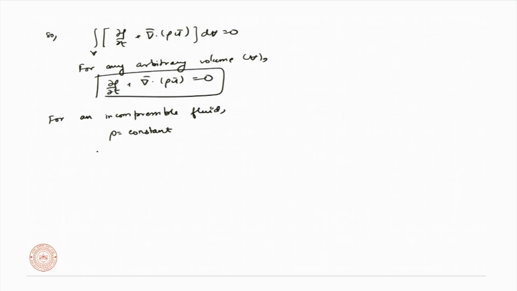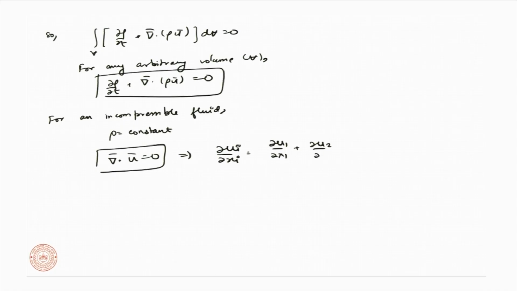In that case, the first term becomes 0 and the density comes out from the second term, and we will get ∇ dot u vector is equal to 0, which in index notation is ∂u_i/∂x_i, that is ∂u_1/∂x_1 plus ∂u_2/∂x_2 plus ∂u_3/∂x_3 is equal to 0.